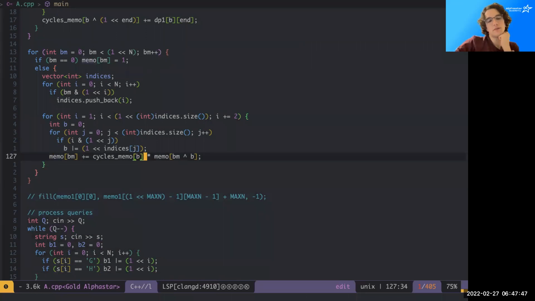What if there's anything we can pre-compute? Memo does not depend, but cycle memo depends on the actual graph.